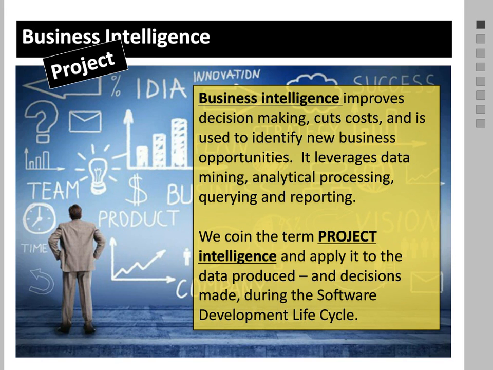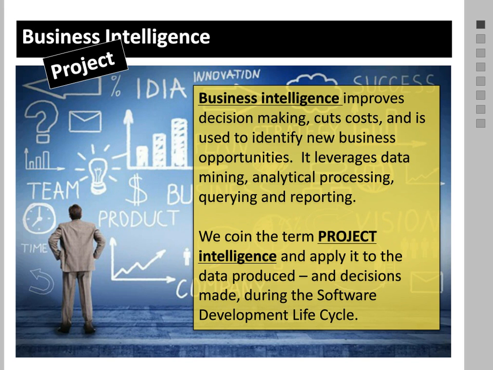Business intelligence takes the organizational data, performs data mining and analytical processing, massages the data and presents it in the form of information that helps us to improve our decision-making process. But in this talk, I want to coin the term project intelligence. So instead of business intelligence, look at project intelligence and apply the same practices that we apply at the business level to the data that's produced as a byproduct of the software development lifecycle.